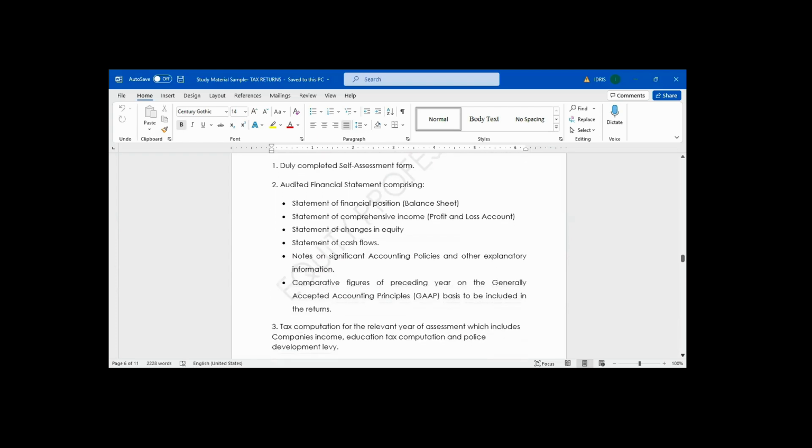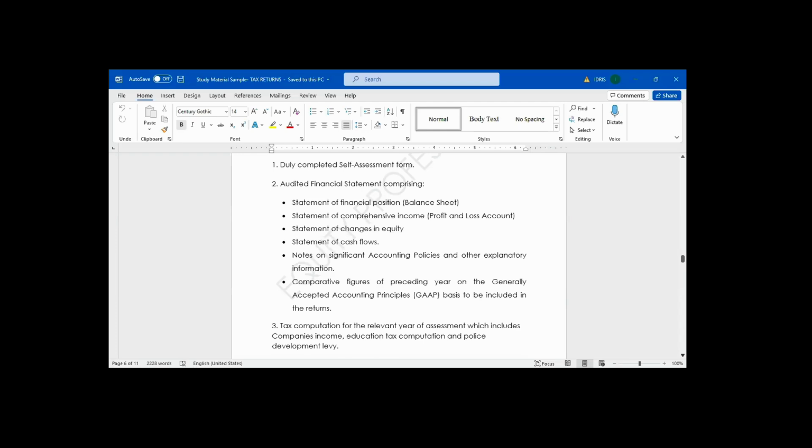D, statement of cash flow. E, notes to the accounts. Another one, statement of accounting policy. That is the audited financial statements.